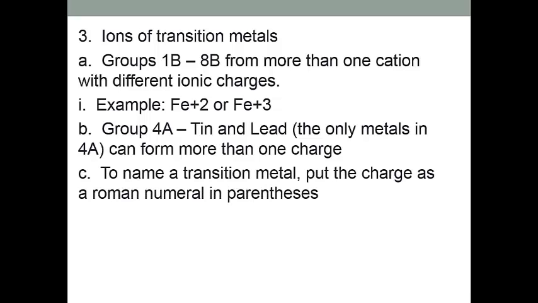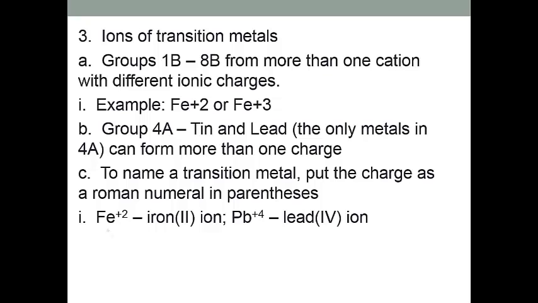And when we are naming a transition metal, we are going to put the charge that the metal has as a Roman numeral in the parentheses. So for example, if we wanted to name Fe+2, it is still a cation, so you take the name directly off the periodic table, but now because the charge is unique and it isn't something that we can just know from looking at Fe on the periodic table, we need to take that +2 that we have on our element symbol, and we're going to turn that into a Roman numeral.